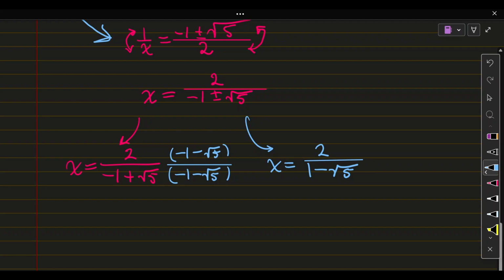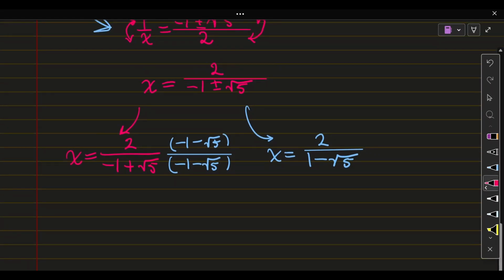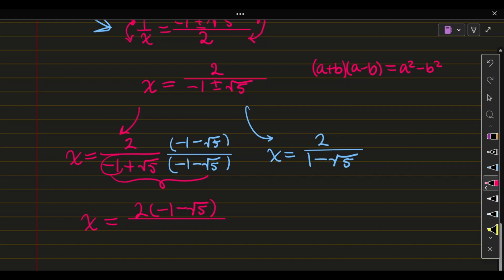And what I'm doing there is taking advantage of the fact that, I'll write it up here, a plus b times a minus b is a squared minus b squared. It's a difference of squares, right? So applying that to this, I'll have that x is equal to 2 times negative 1 minus root 5 over, in the denominator, negative 1 squared is positive 1 minus the square root of 5 squared is 5, so I have 5.